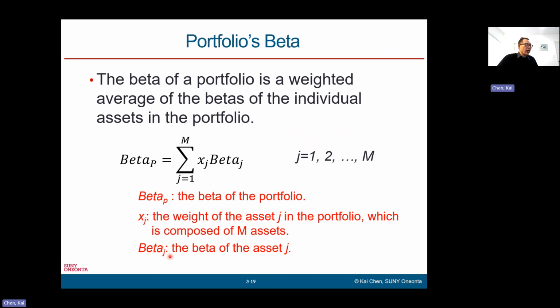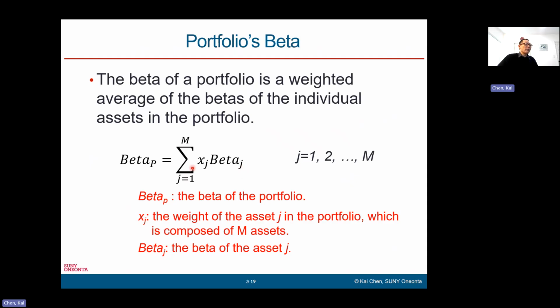And we use beta J to represent the beta of asset J in the portfolio. According to this formula, first we do Xj times beta J for each asset. That means for each asset, we do the weight of this asset times the beta of this asset, right?